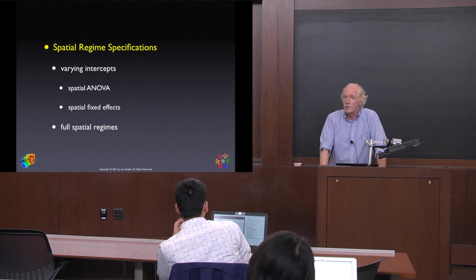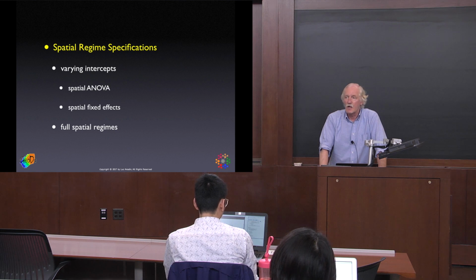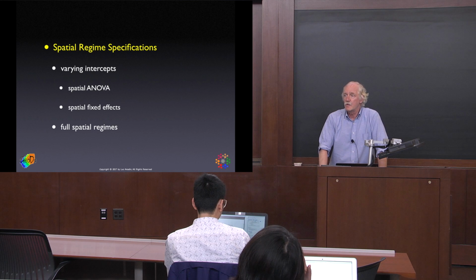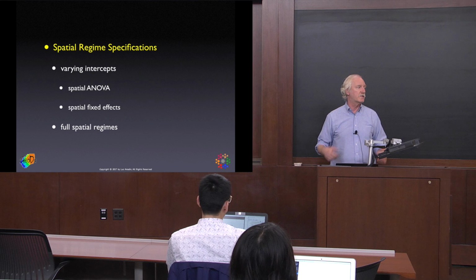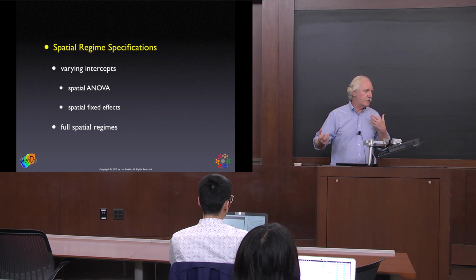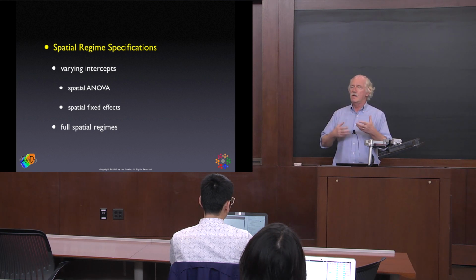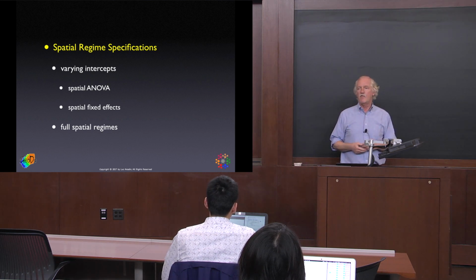So in essence, you have a different intercept in different subsets of the data. In an ANOVA setting, you would have, say, 2 regions, and you're interested in comparing the mean between the 2 regions. That's a simple t-test, but if you allow different variances, if you allow spatial correlation, then it's really kind of awkward to put it in a t-test or F-test kind of format.